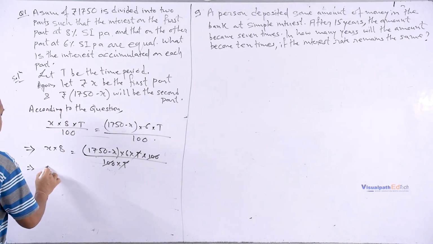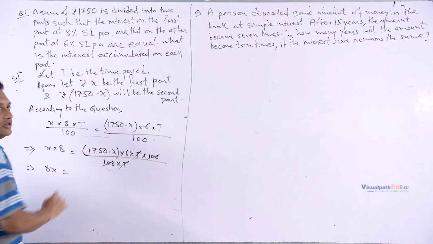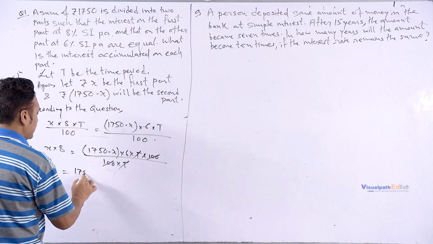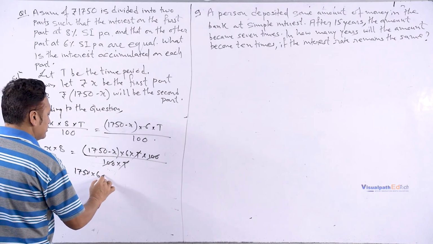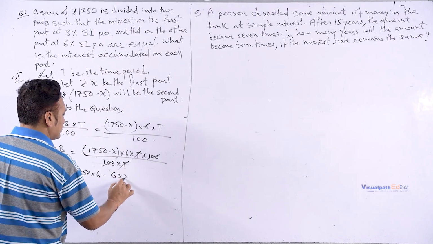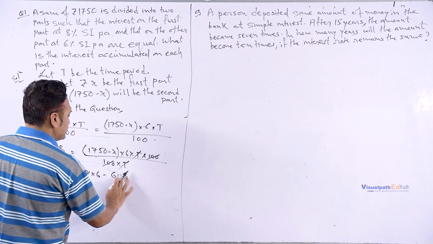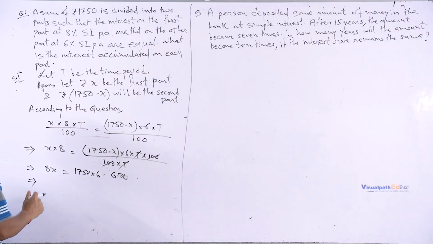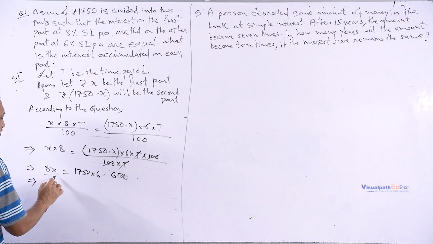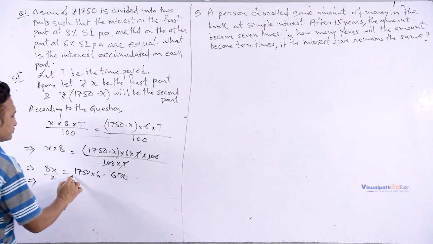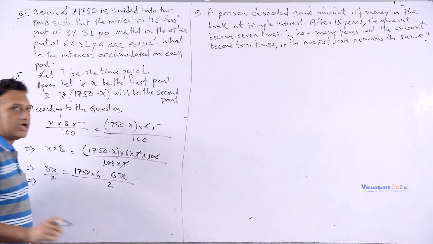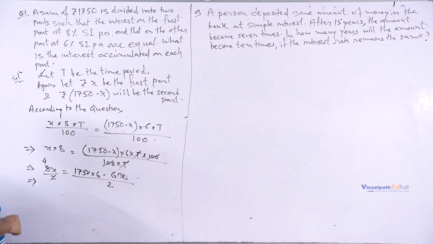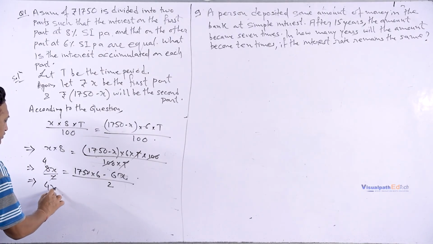What will be left with us is 8x on the left, and on the right hand side we will have 1750 into 6 minus 6 into x, or 6x. Now, if I divide all the terms by 2, a common factor, 8 becomes 4, so it is 4x.